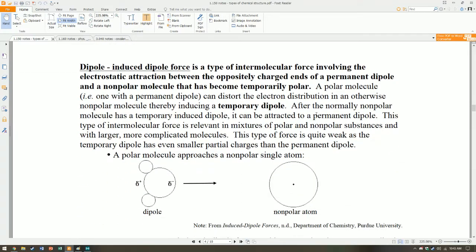Lastly, we go on to induced dipole forces, which are a type of intermolecular force involving the electrostatic attraction between a polar and a nonpolar thing. When you have a polar molecule, you can use its polarity to influence the electron distribution of another, nonpolar thing.